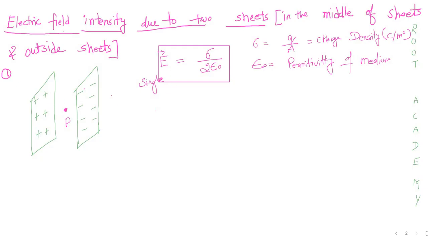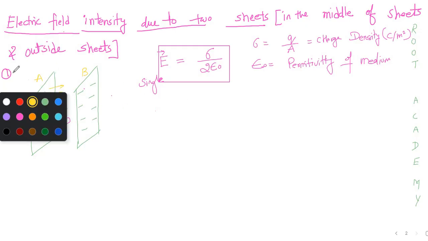Okay. So what about the electric field lines? Electric field lines are always perpendicular to the surface of the sheet. For positive, they go away from the positive. Suppose this is sheet A and this is sheet B. So at this point, what will be E1?